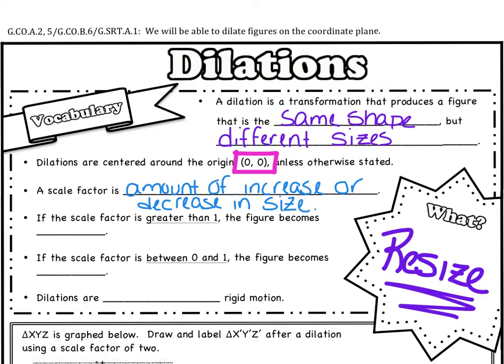The reason that's the key to a dilation is obviously if you are making the figure bigger or smaller, you need to know how much bigger or how much smaller you're making it.